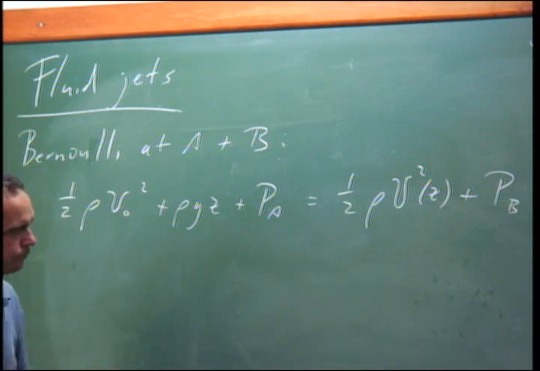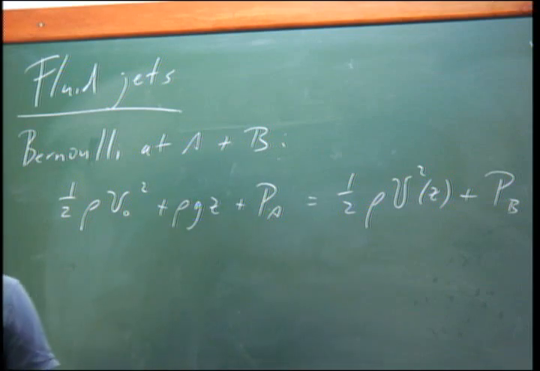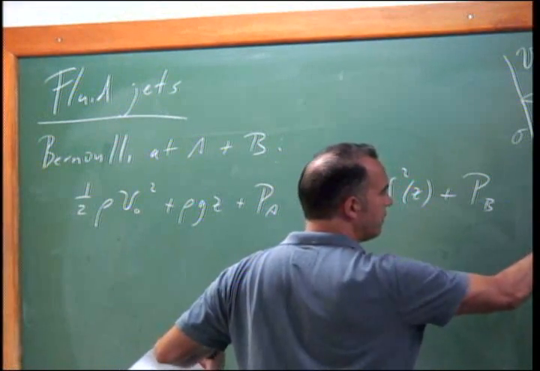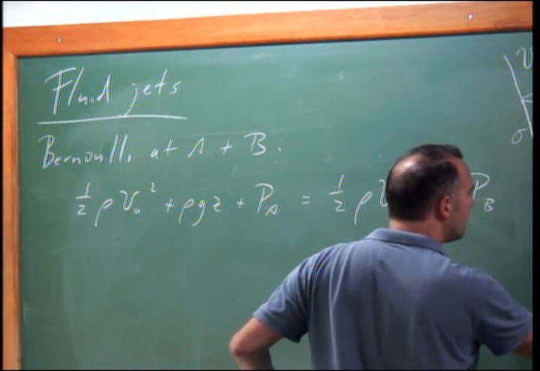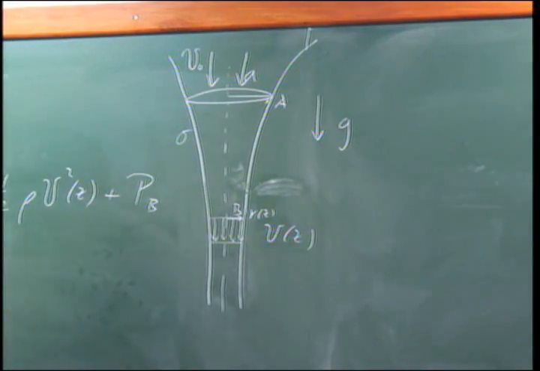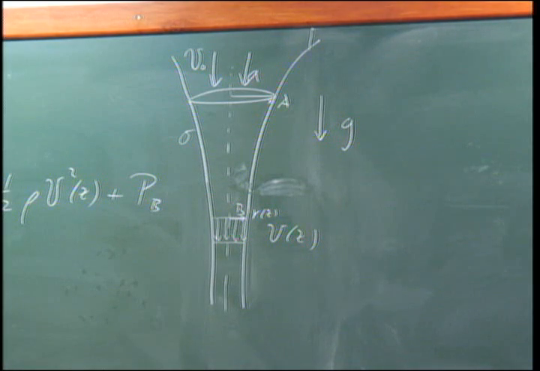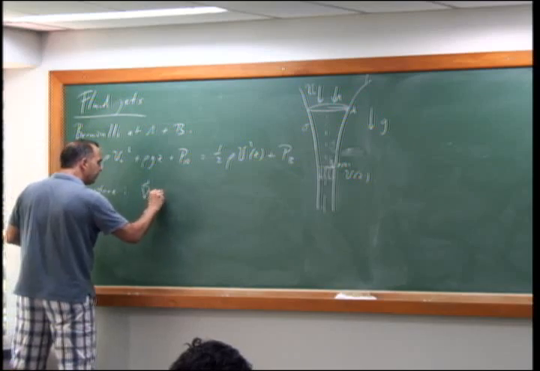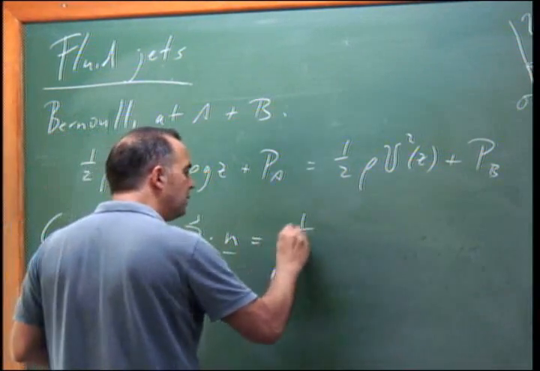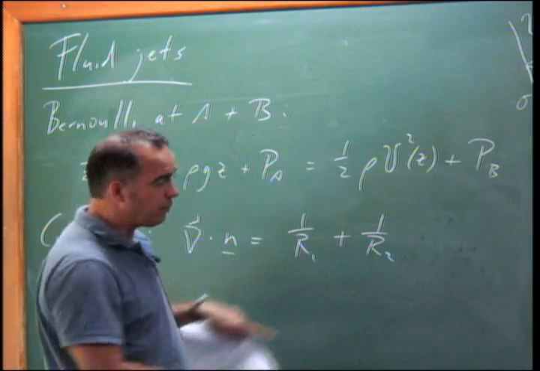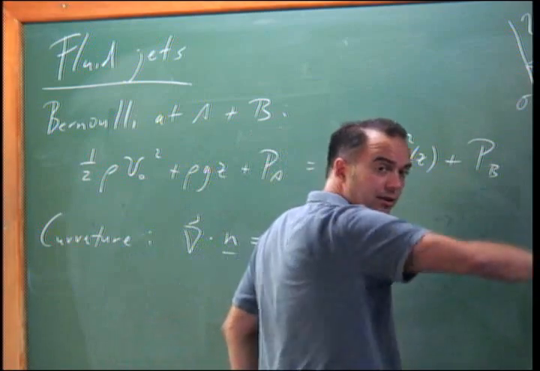And we can relate PA and PB at any two points. Let's just call this P here to be clear. This is rho of Z, this is B. The curvature we can express as the divergence of the normal in general. And if we can identify the two principal radii of curvature, then we can express it in this way, so that one curvature is this curvature and one curvature is that curvature.